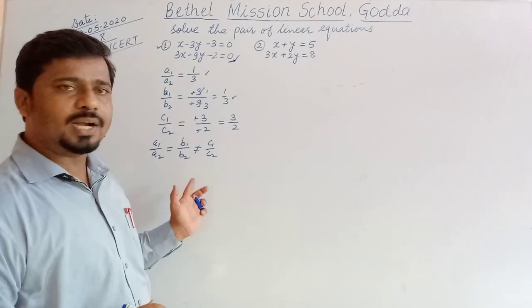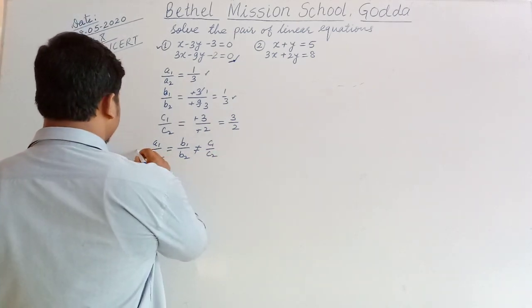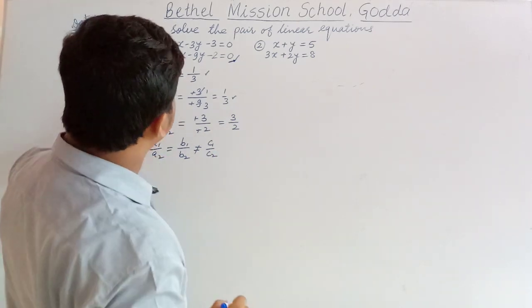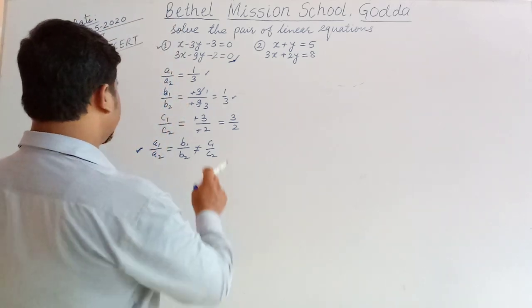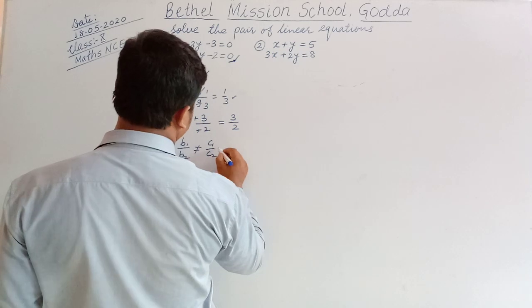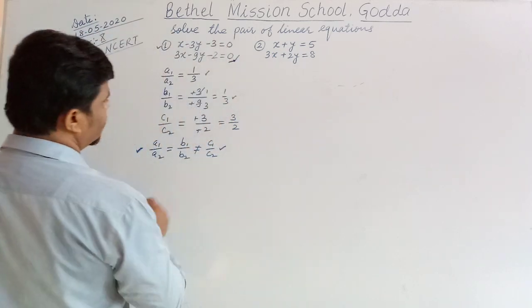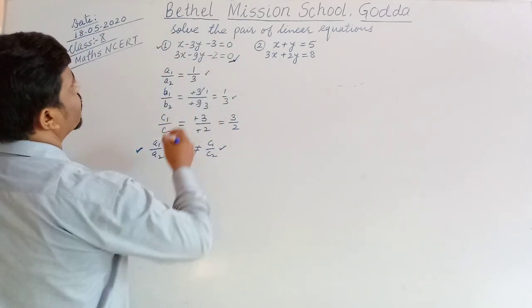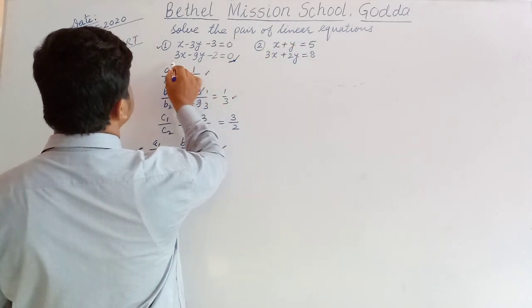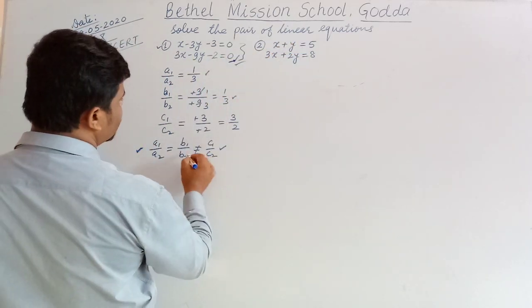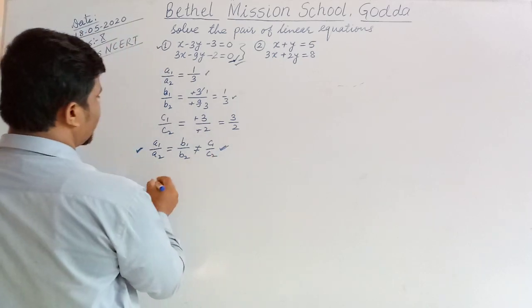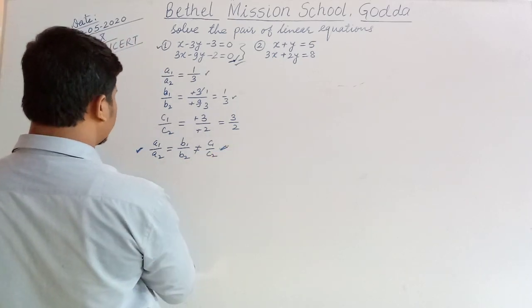So you should understand, if the pair of linear equations follows this property, then it has no solution.